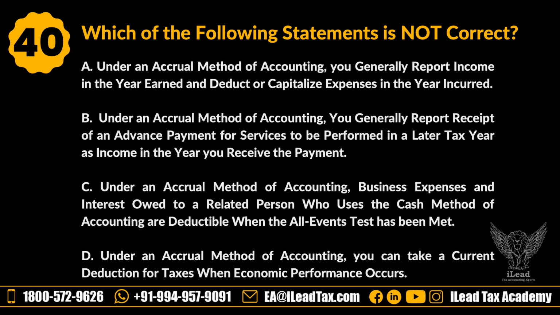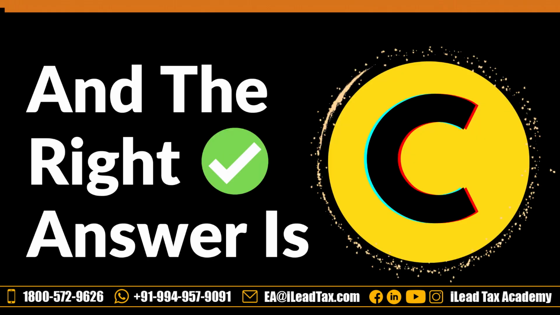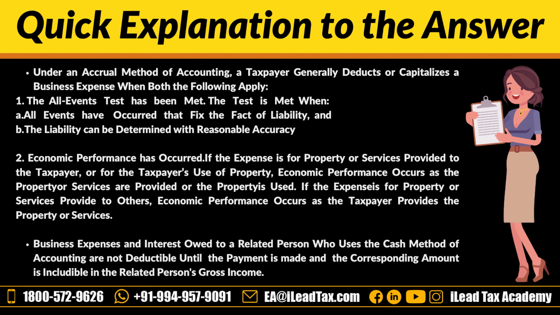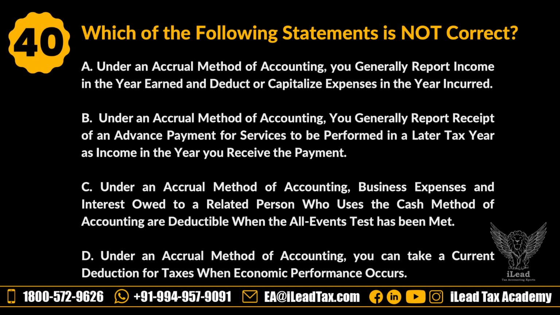Let's see the answer. The answer is C. Let's see why it is C. So here the statement is incorrect because it states that under an accrual method of accounting, business expenses and interest owed to a related person who uses the cash method of accounting are deductible when the all events test has been met.